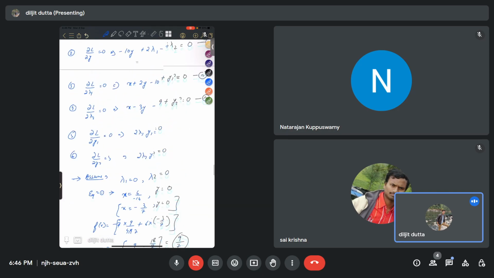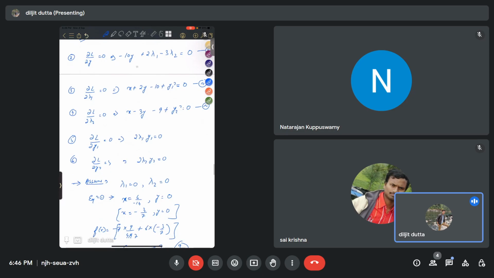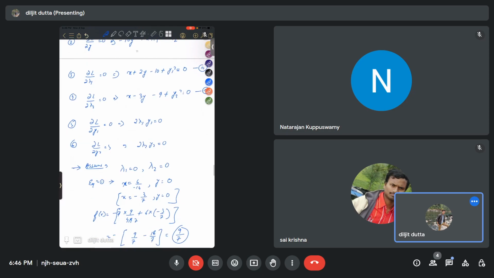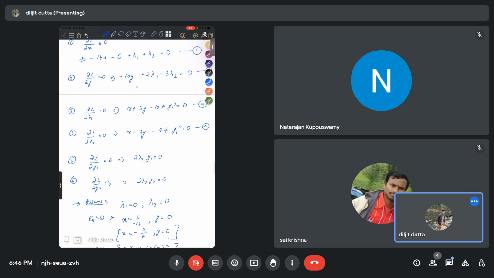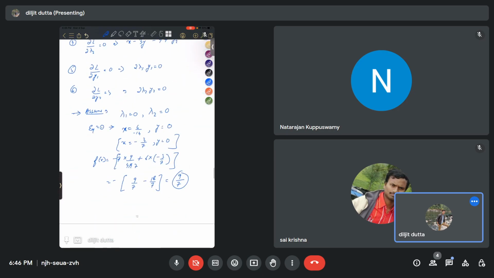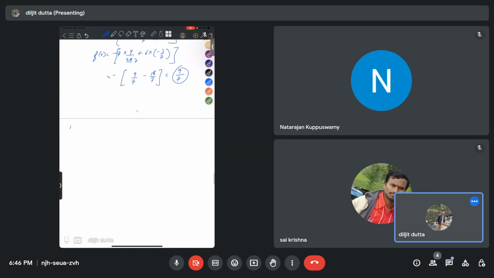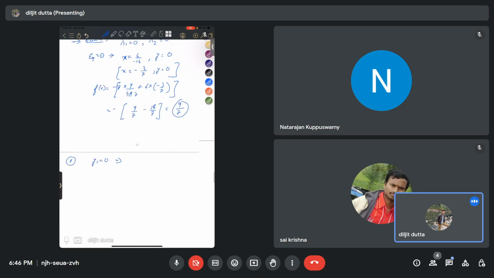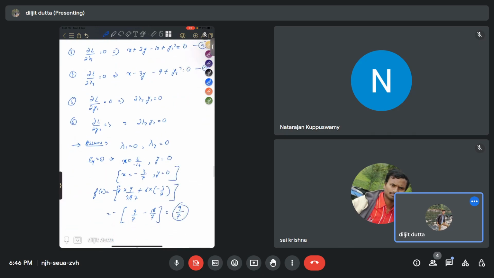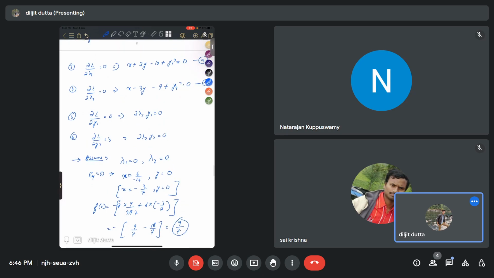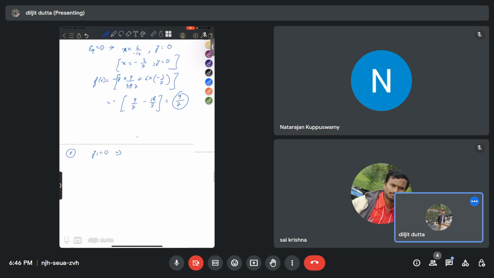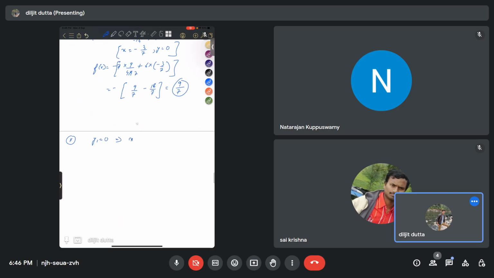Now let us see the second condition, when y1 and y2 equal 0. Second condition is y1 is equal to 0. In that case, x plus 2y minus 10 is equal to 0.